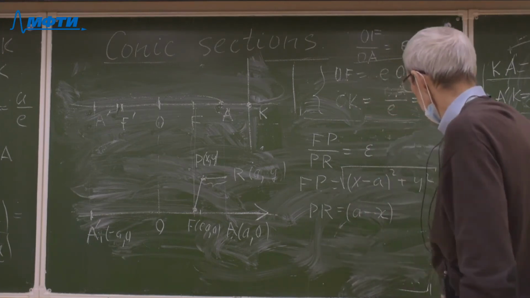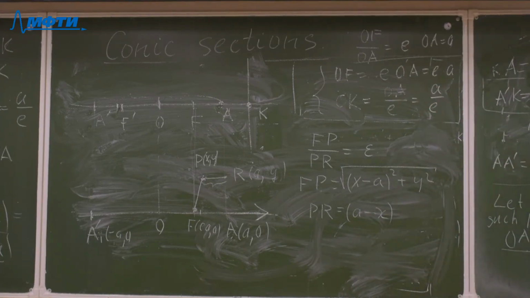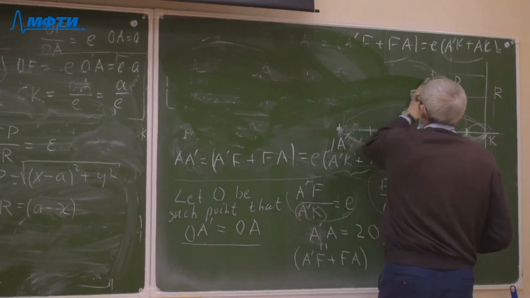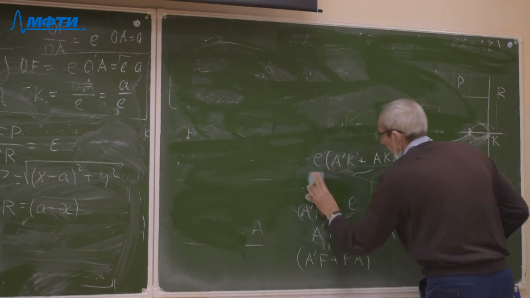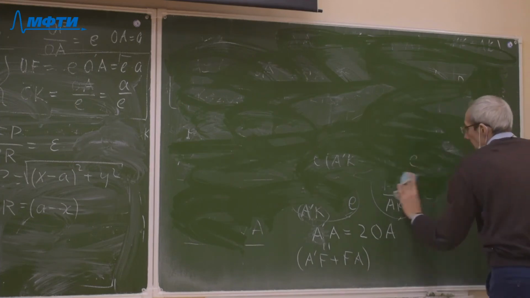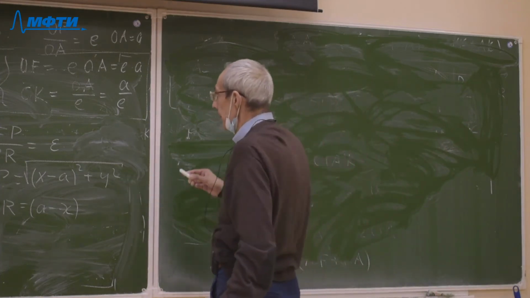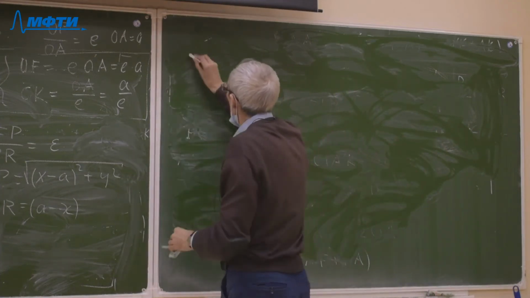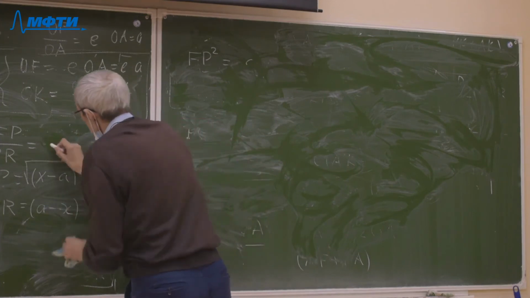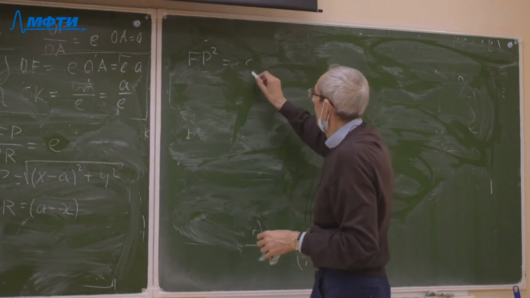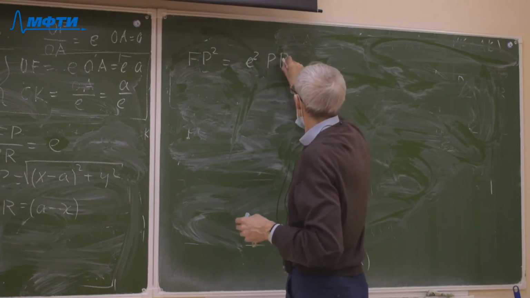And we have this ratio, which we can rewrite in the following form: FP square is equal to e, not epsilon, e square times PR square.